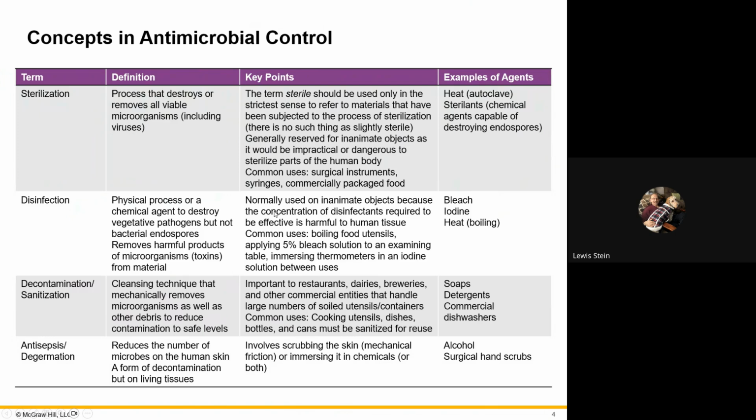Not normally, it is by definition used on inanimate objects, because if you use any of these agents in concentrations as strong as they need to be, it would damage living tissue. All of these things are part of it.